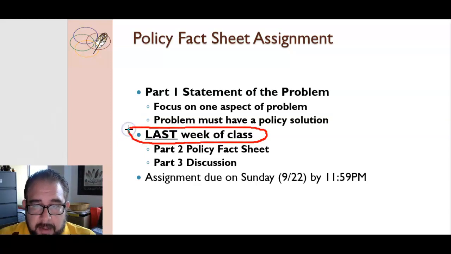So for now, do part 1. That's what you're doing. That's my check mark there. Don't do these. Do part 1. Focus on one aspect of the problem. The problem must have a policy solution. The assignment's due on Sunday, the 22nd at 11:59.